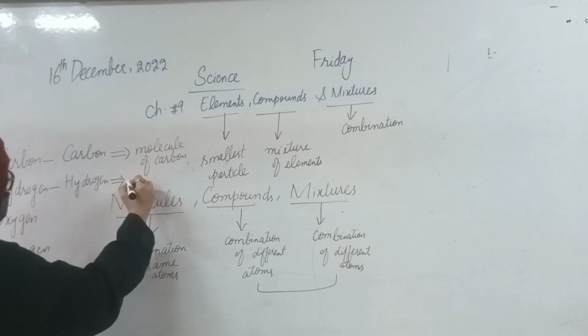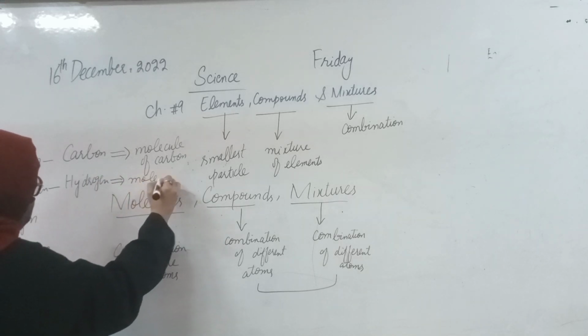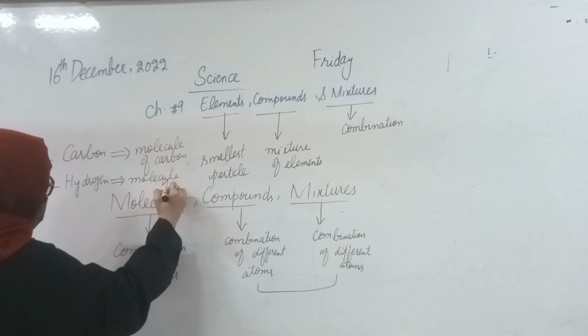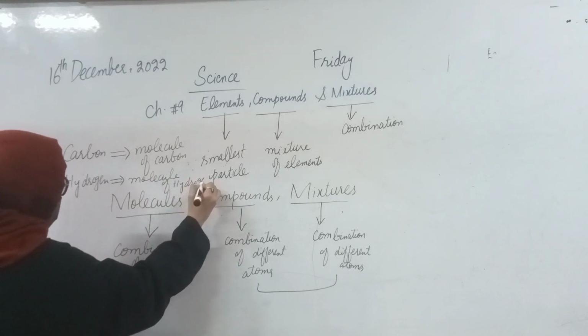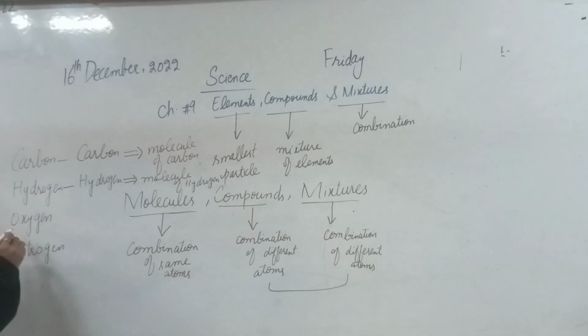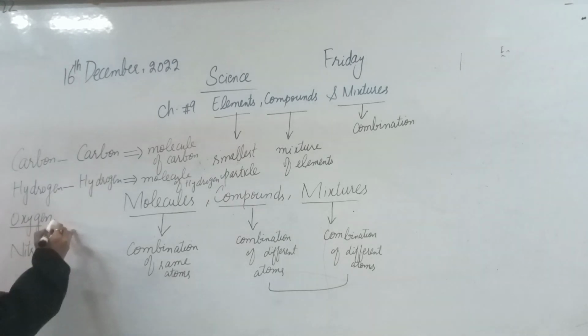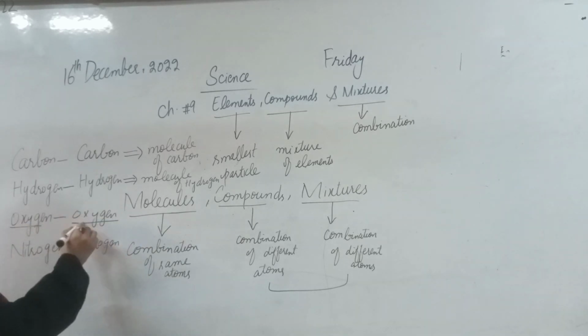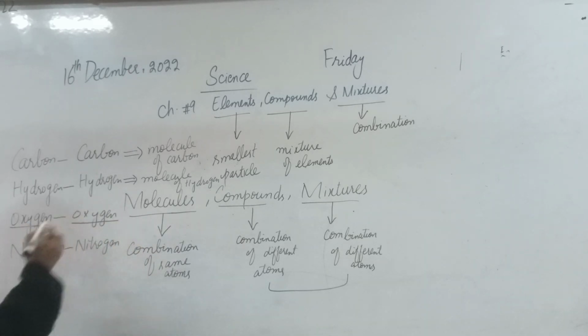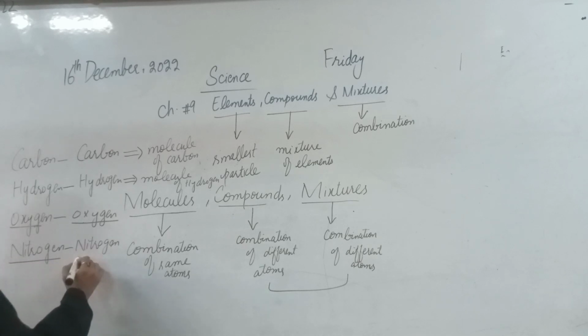When hydrogen combines with the same category, that is hydrogen, they make a molecule of hydrogen. Similarly, oxygen combined with oxygen atoms make a molecule of oxygen. And nitrogen, when combined with nitrogen atoms, will make a nitrogen molecule.